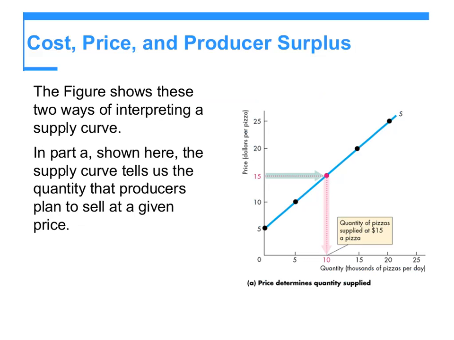In part A, we look at the price. The supply tells us the quantity that producers plan to sell at a given price. So if the price is 15, producers are willing to produce 10. If it's 10, they're willing to produce 5. Or if it's 20, they're willing to produce 15.